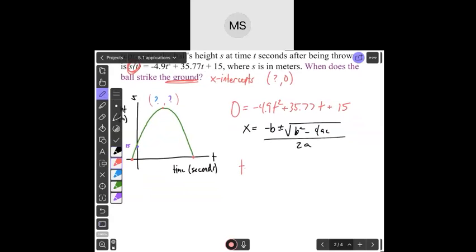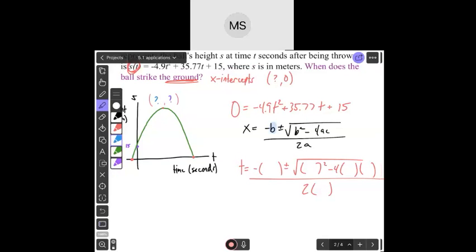So I'll just write t equals negative something plus or minus the square root of something squared minus 4 times something times something, over 2 times something. So B, that's our B value, 35.77.